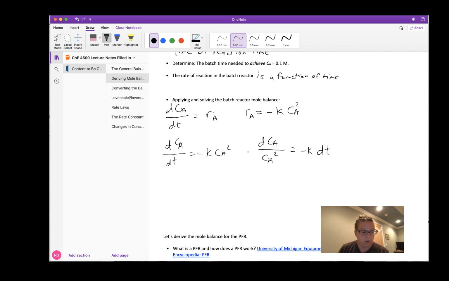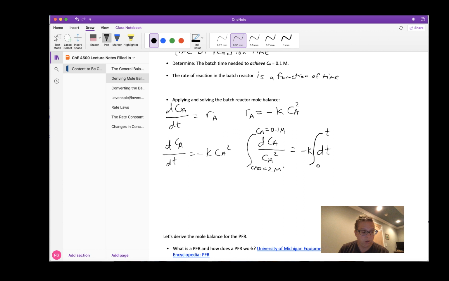And then I'm going to integrate. On this side, my limits of integration, I start out at CA naught, and then I go to CA. And here, I go from 0 to t.